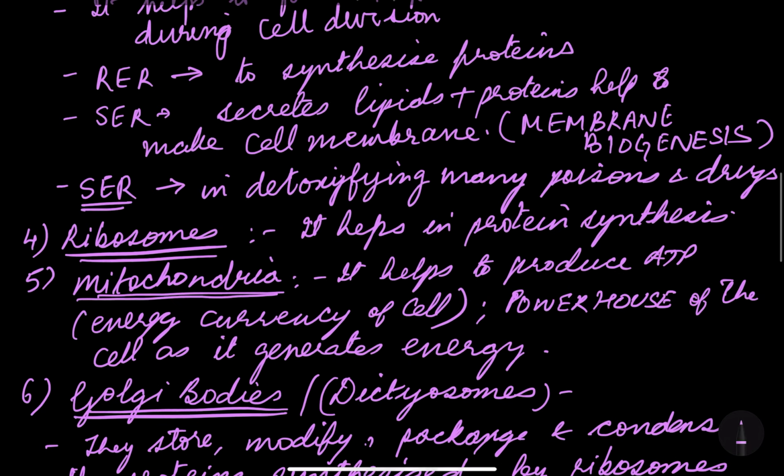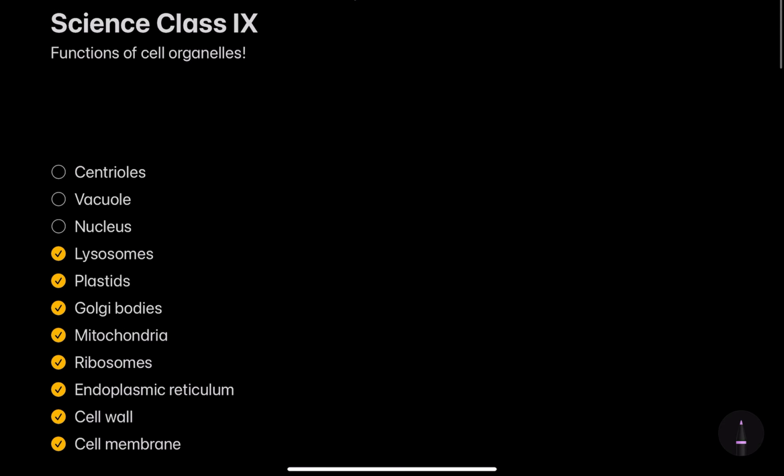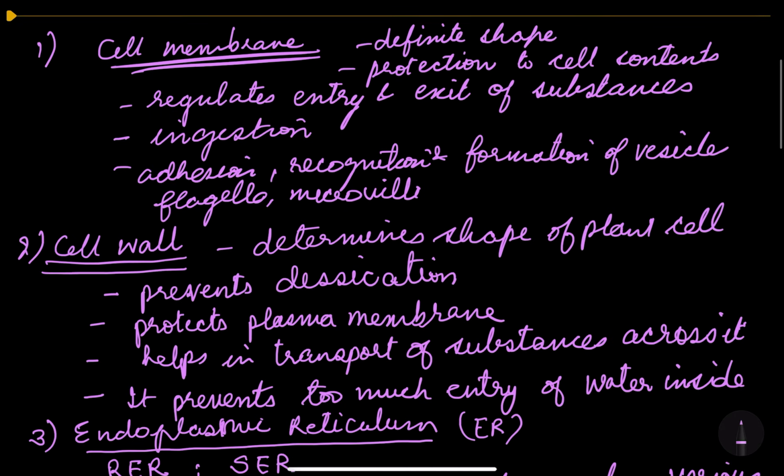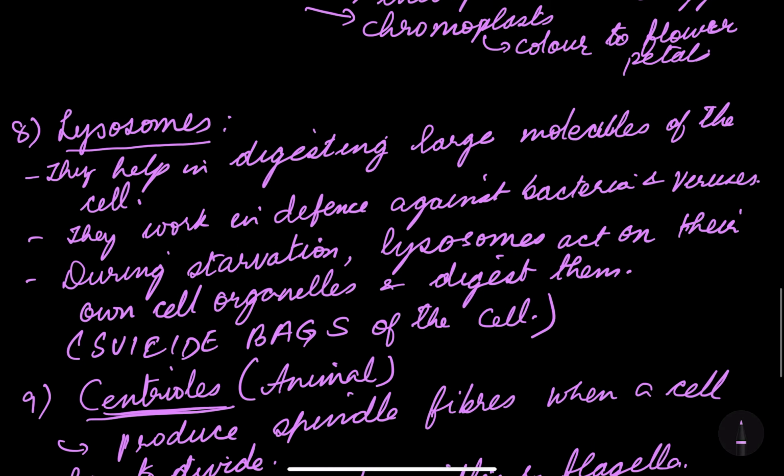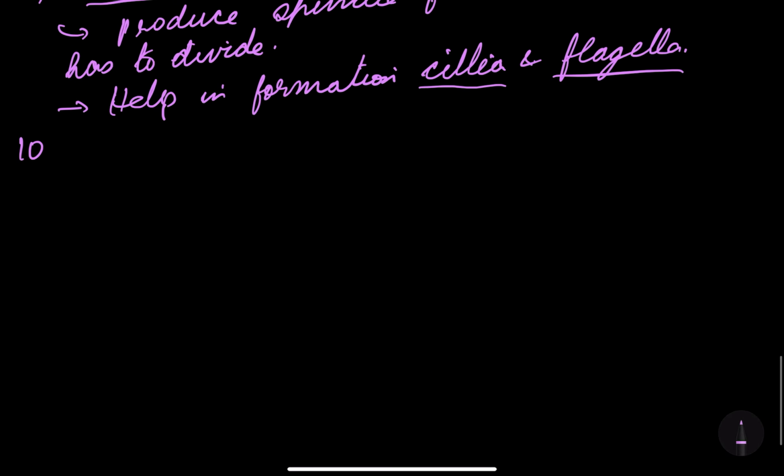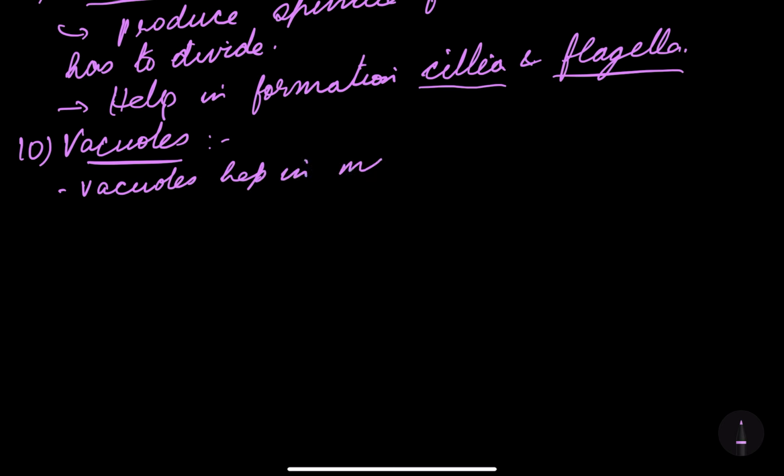Now we move on to the next organelle, and that is your vacuole. Now what is the function of vacuoles? Let's look into that. In animals, vacuoles help in maintenance of water balance.